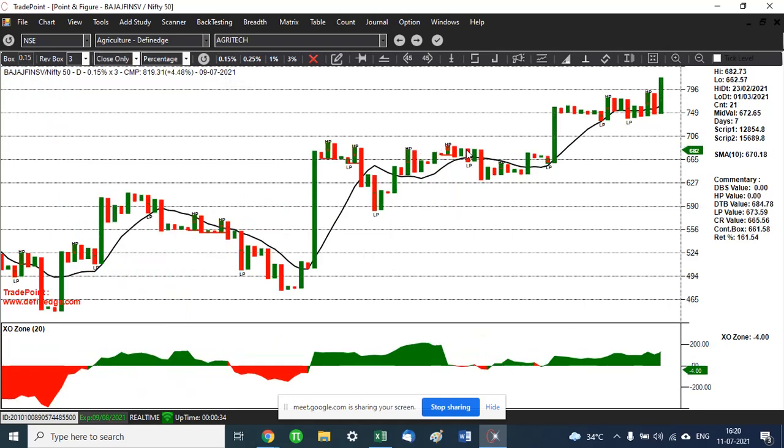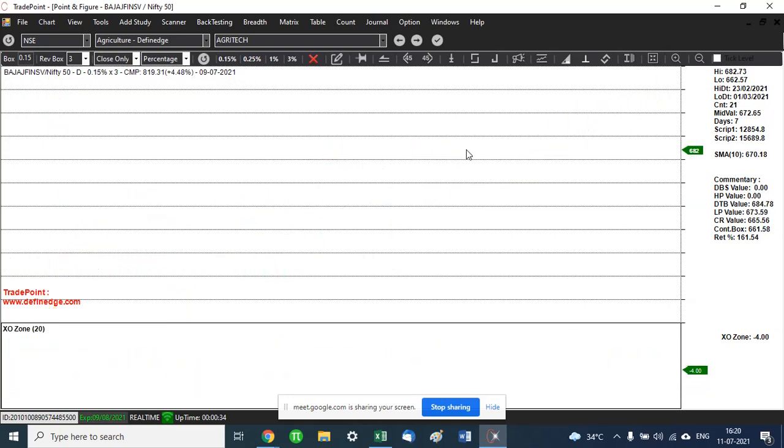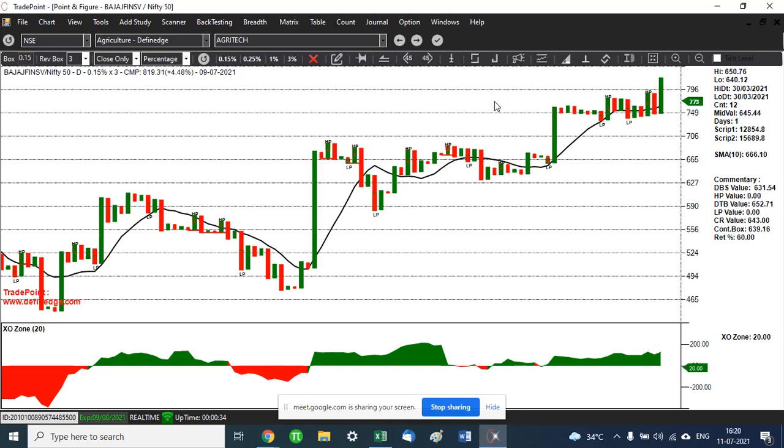Now, if we want to drill down to a smaller time frame, we can go to 0.15% and we can make it an intraday chart. There's some problem coming with this.